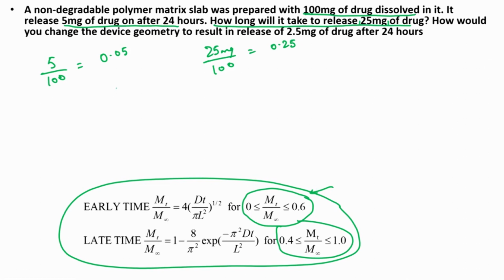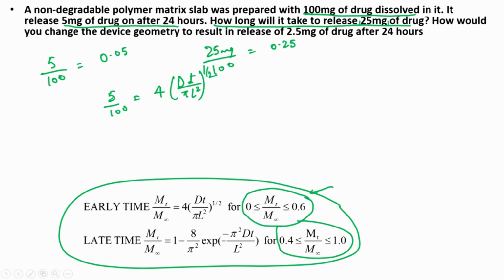So, let us see. If we are saying that 5 by 100, which is the 5 released and the 100 total, is applying this equation, it is 4 square root of Dt by pi L square.